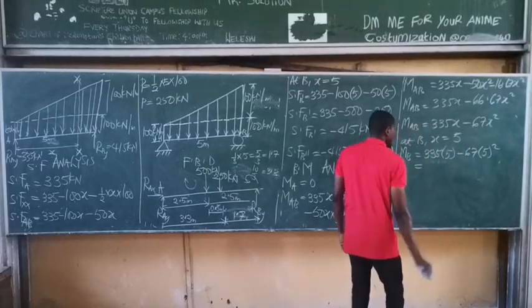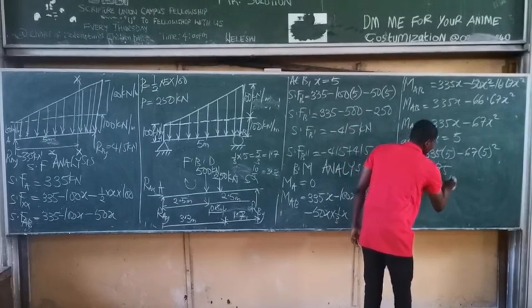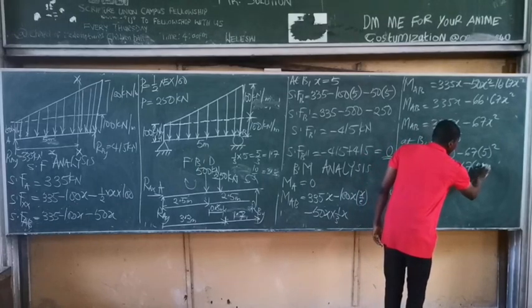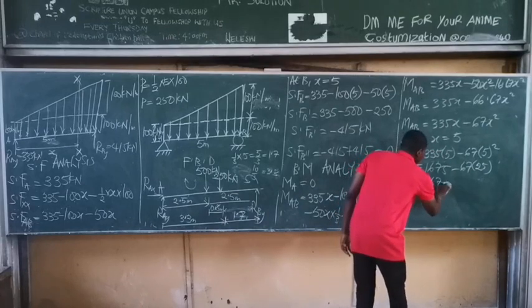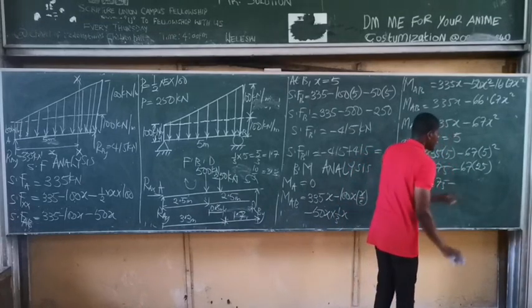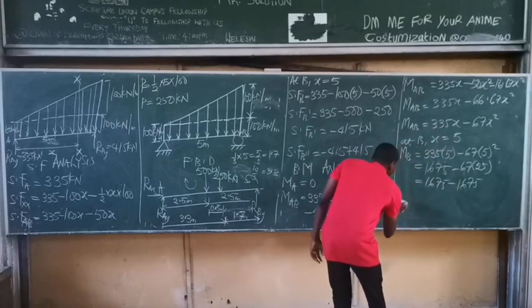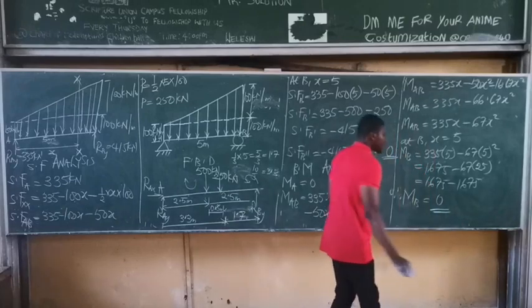This is equal to 1675 minus 67 times 25, which also gives us 1675. Therefore, moment at B is simply equal to 0.